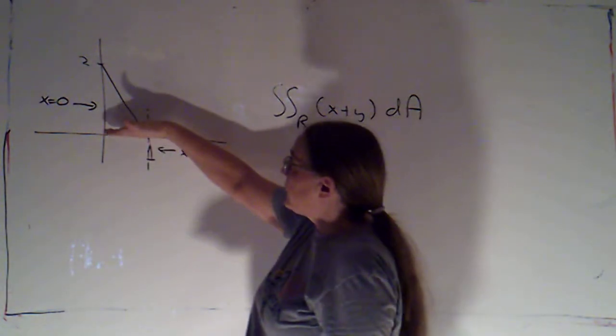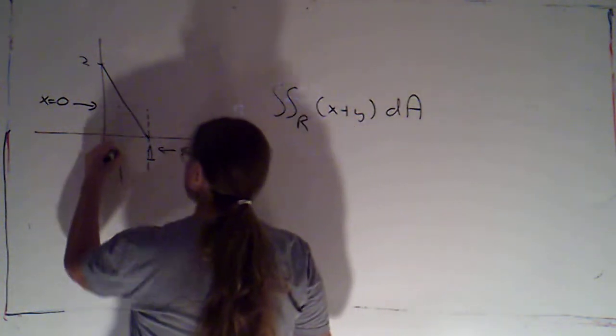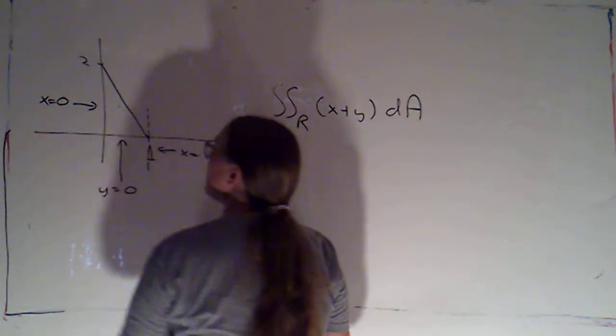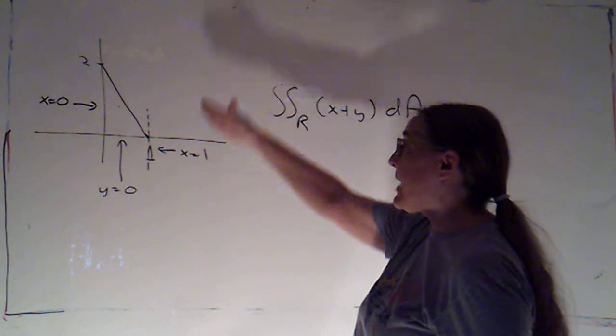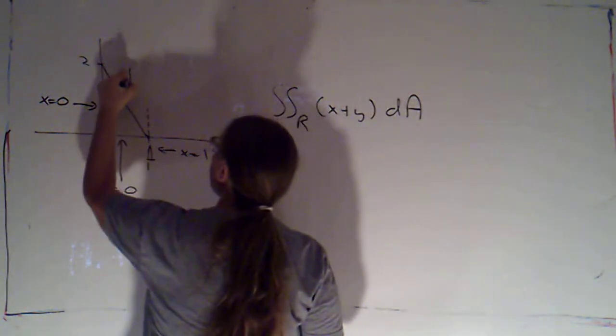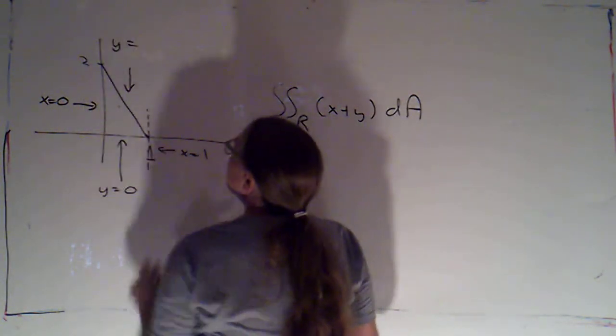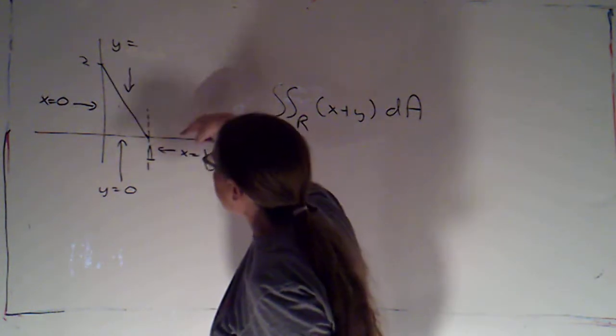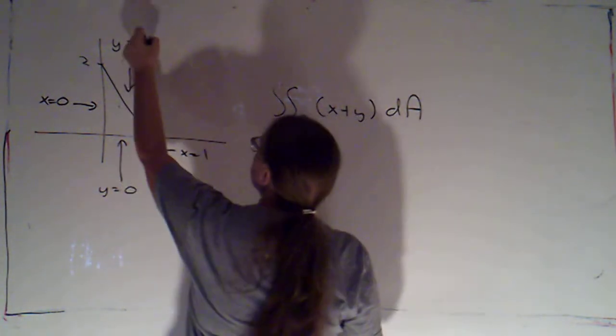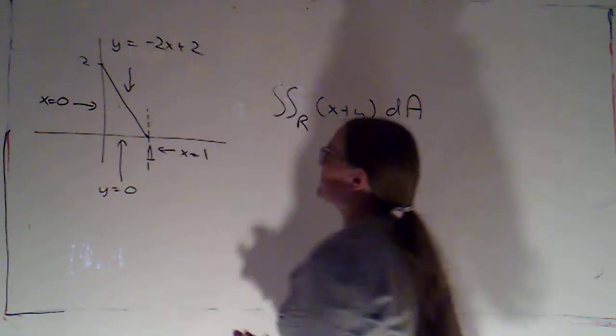Now the bottom boundary happens to also be constant, because that would be y equals 0, but the top boundary isn't. I can see this top boundary is this linear function. So let's see, the slope is -2, and the y-intercept is 2. So it's -2x plus 2.